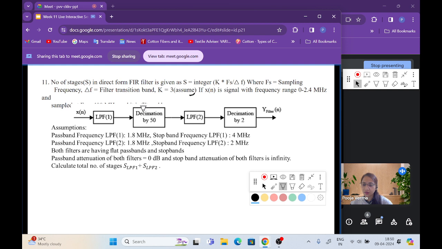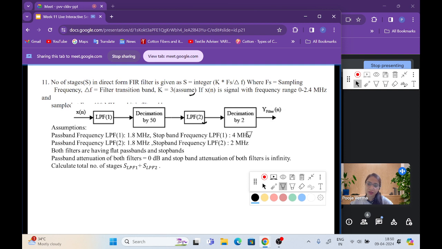Here it is given the block diagram of a two-stage decimator system, where the input signal is given to low pass filter 1, then it is decimated by a factor 50, then the output is given to low pass filter 2, then again that output is decimated by a factor 2, and then we get the overall output.